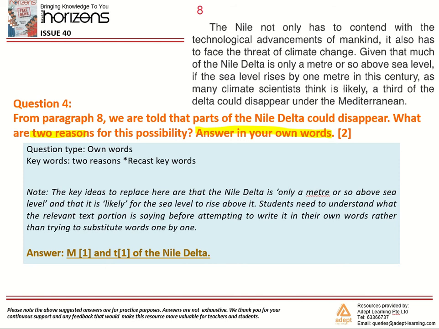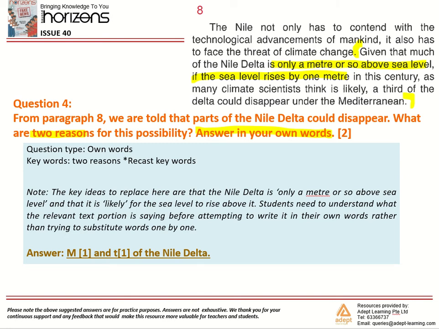So, what are the keywords? The keyword here that I can see is only a meter or so above the sea level. And if the sea level rises by 1 meter, what happened? The delta could disappear. So actually, this is part of the answer as well.